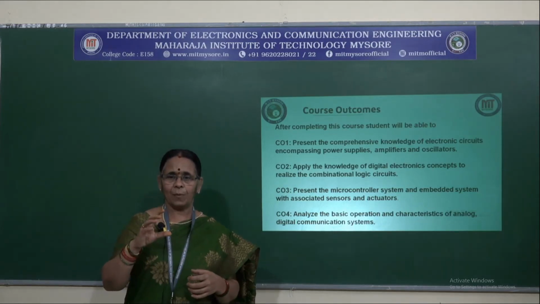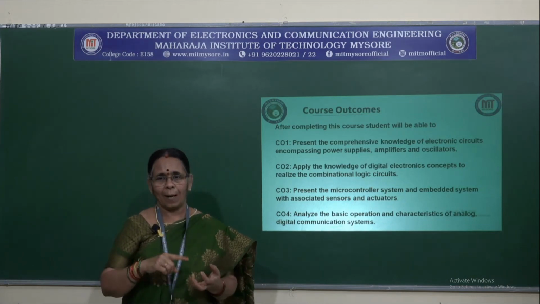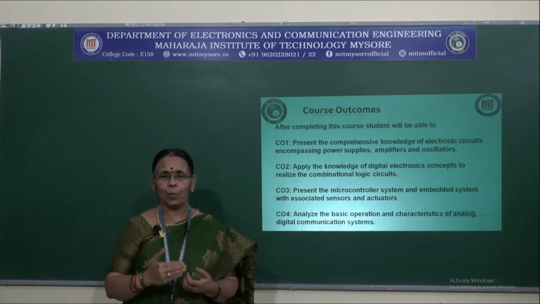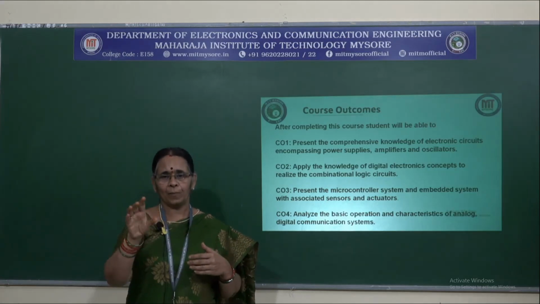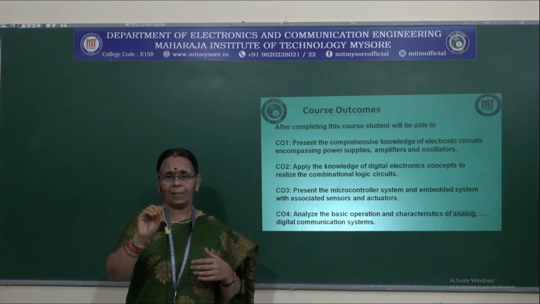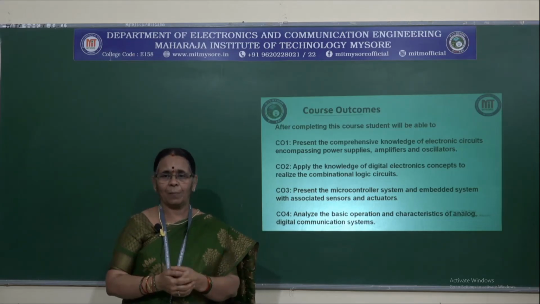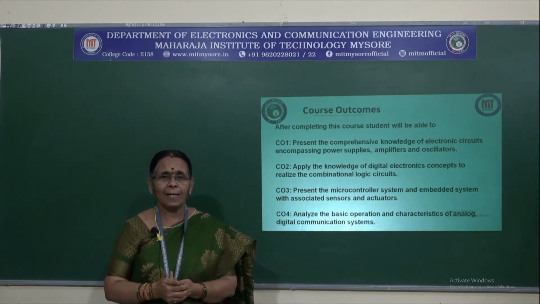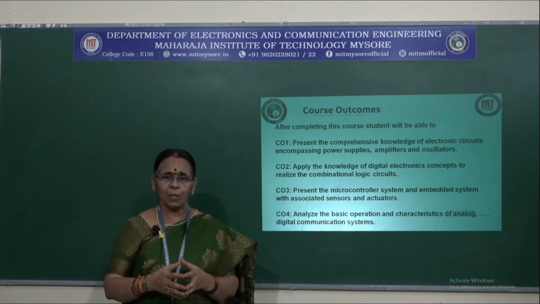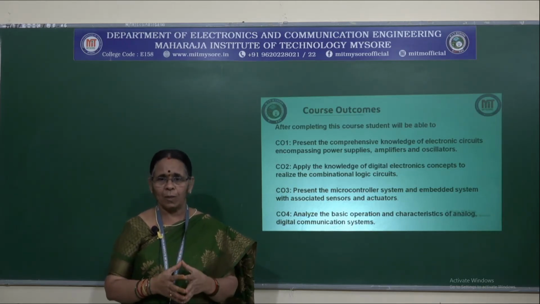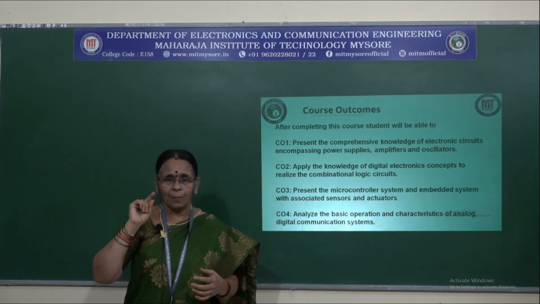You will be studying the power supply circuit, amplifiers and oscillators in module 1 and module 2. After having studied that, you should be in a position to comprehend power supplies, amplifiers and oscillators, that is CO1.